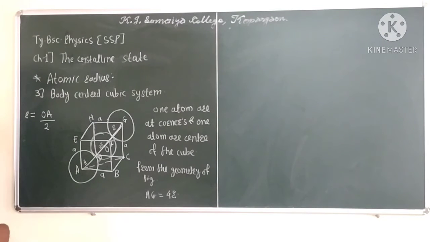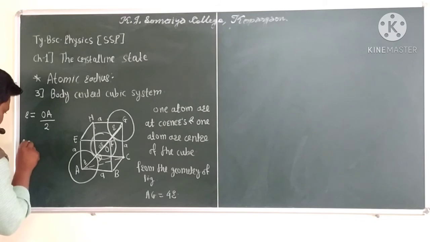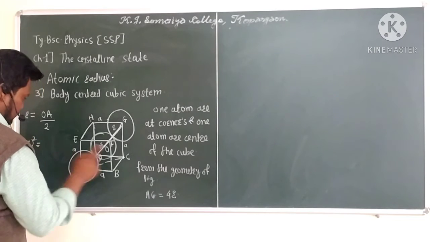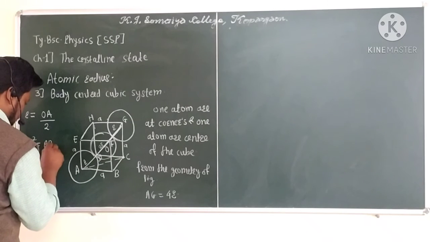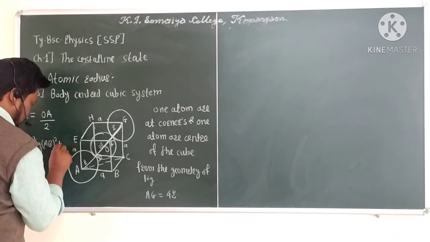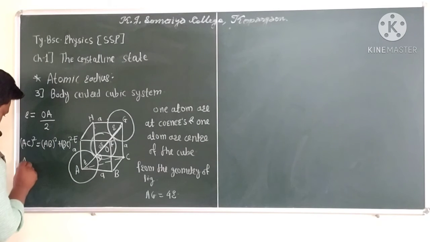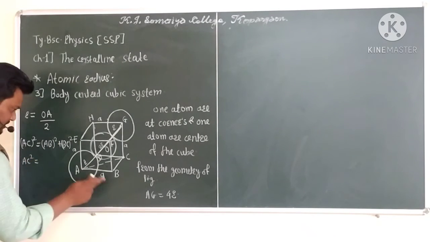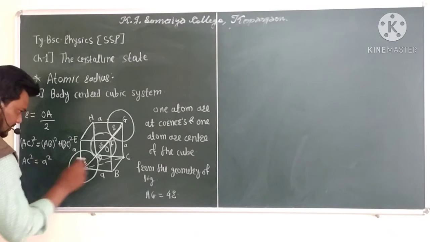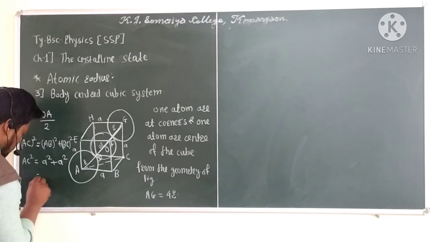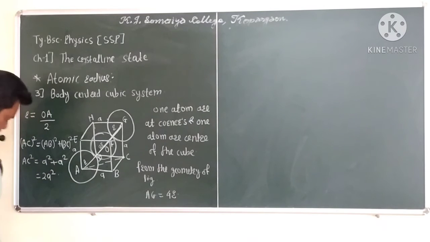So according to the Pythagoras relation, AC square is equal to AB square plus BC square, and this AC square is A square plus this side, which is also A square, so that is equal to 2A square.